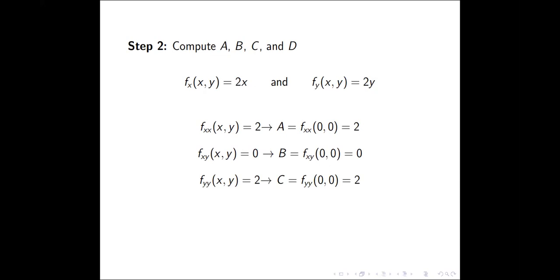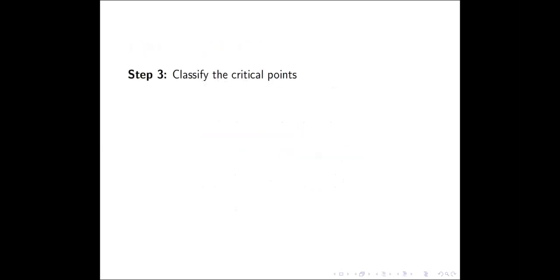Now, we compute the discriminant ac minus b squared, plug in those values, we get a positive value of 4 for d. So what we need to do now is observe the signs of a, which is 2, positive, and the sign of d, 4, which is also positive. So what do we have here? We classify the critical points. Both are positive.